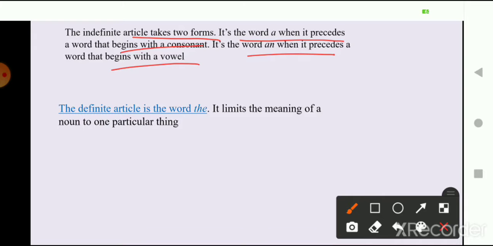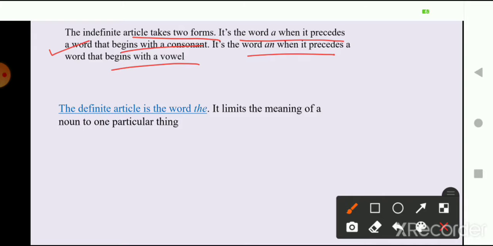Here you can see that I am saying I saw a boy, but I am not defining which boy, right? Similarly, indefinite means something which is not definite. In this we cannot point out a particular thing.